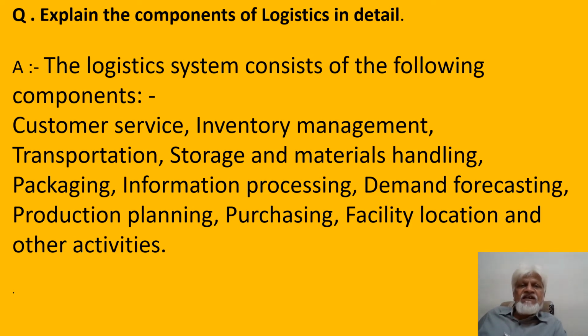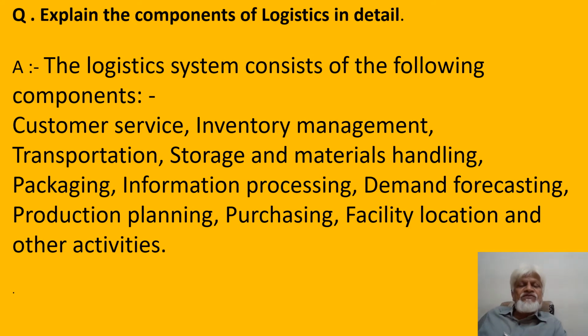Storage and material handling. Materials have to be handled without damage and handled in a better way by using authorized or approved equipment. The packaging plays an important role, yes, to avoid spillages, the handling, the identification. The standard packings are there in the industry.